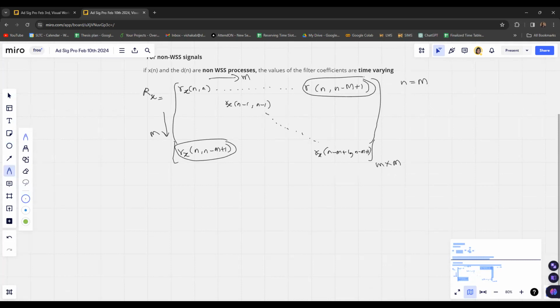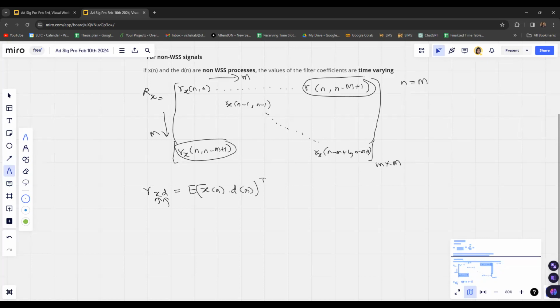After that, you also need the statistics of the cross correlation between the input signal and the desired signal. This one we denote using RxD. Input signal is given by X, desired signal is given by D. So this is a vector. We are going to consider the definition for this as well. Here, we take the product between the input signal and the desired signal, and take the transpose of that vector.